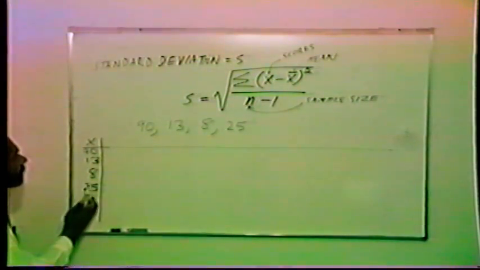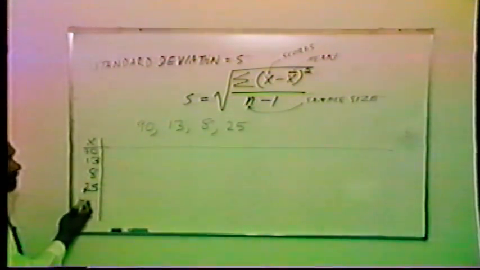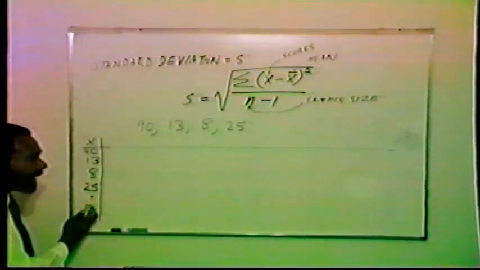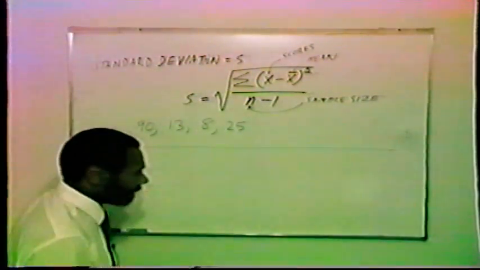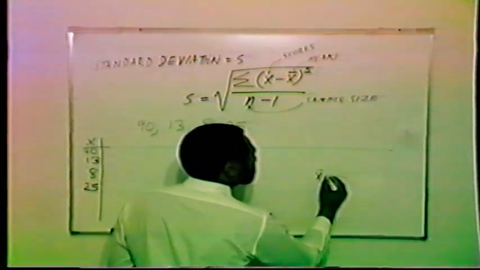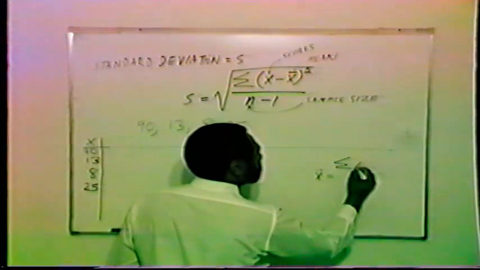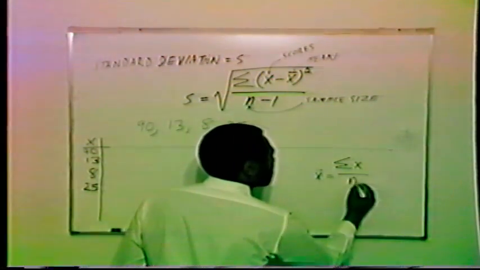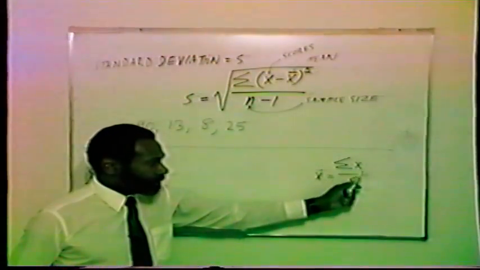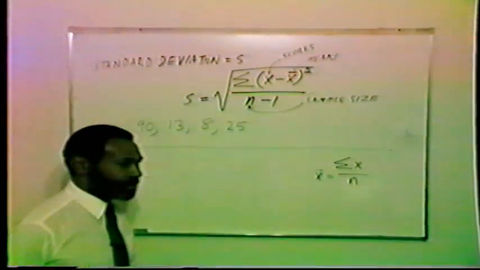After you do that, you know you have to find the mean. So to get the mean, you have to sum the scores and divide by the number that you have. The formula for the mean is x bar equals the summation of x divided by n. So for this formula, you're summing all your scores and you're dividing by how many you have.